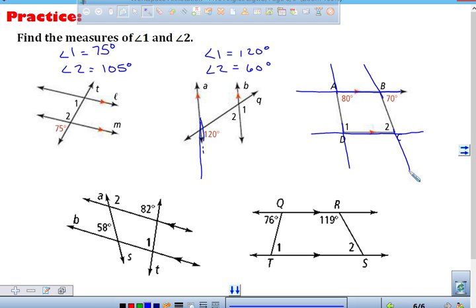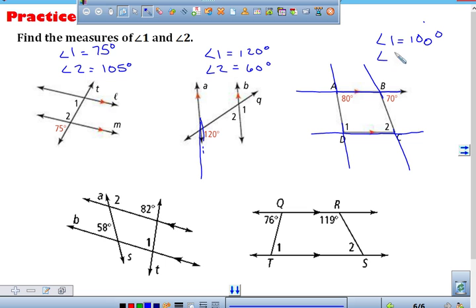The 80 degree and angle 1, what kind of angles are they? Good, same side interior. So same side interior angles are what? Supplementary, they're not congruent. So that means angle 1 has to be 100, not 160.